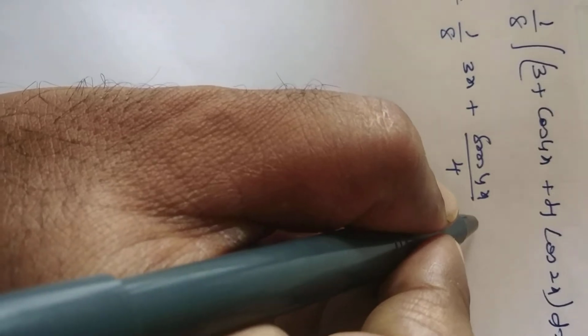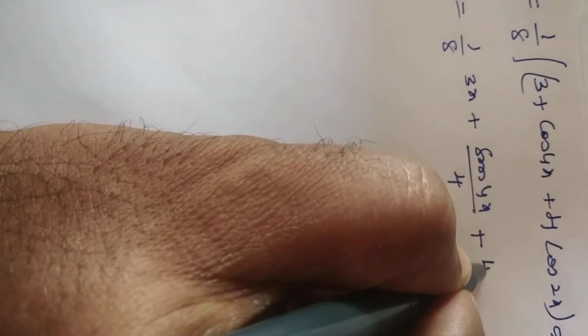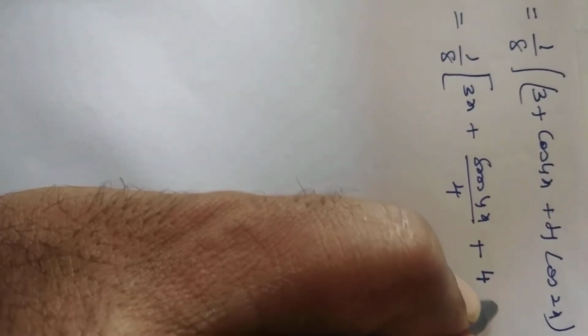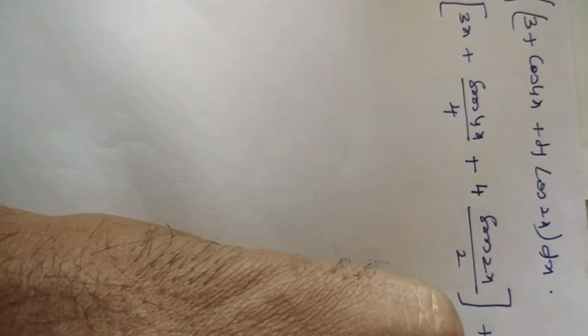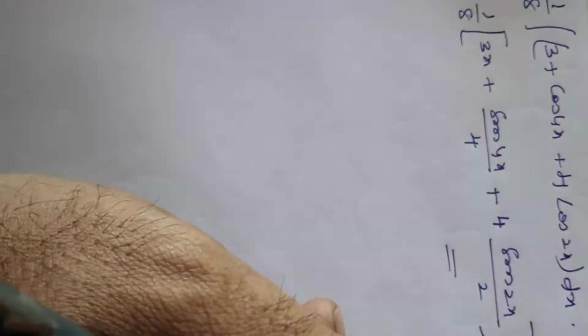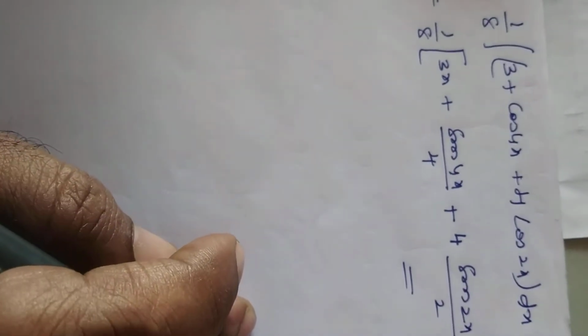So that is equal to 1 by 8 of: the integration of 3 is 3x, the integration of cos 4x is sin 4x by 4, plus the integration of 4, which is a constant, we can write it out. 4 is a constant. The integration of cos 2x is sin 2x by 2, plus c. So this is the final answer. Further, if you want, you can simplify, it's not a problem.